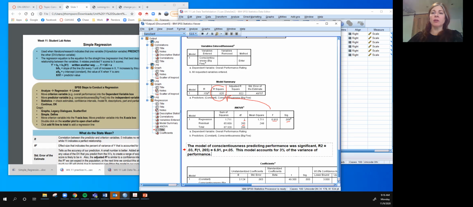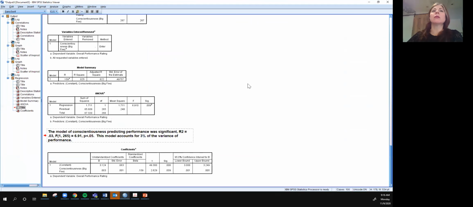Okay, so I'm going to clear the drawing. And scoot this up. And yeah, so let's look at the conscientiousness. So here, this is our unstandardized beta weight.